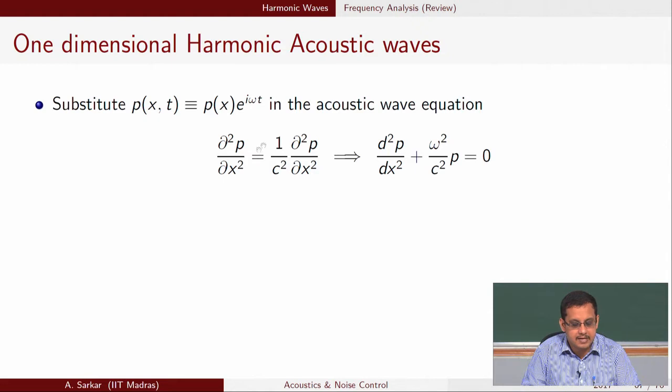Please note that between these two steps there is a partial derivative sign or the del sign in the first step, but it has been reduced to d sign or the ordinary derivative. That is because after incorporating the harmonic assumption, there is only one argument to p, that is x. So, there is no question of any partial derivatives, there are only ordinary derivatives that appear in this equation. Note that this is a second order linear constant coefficient differential equation.